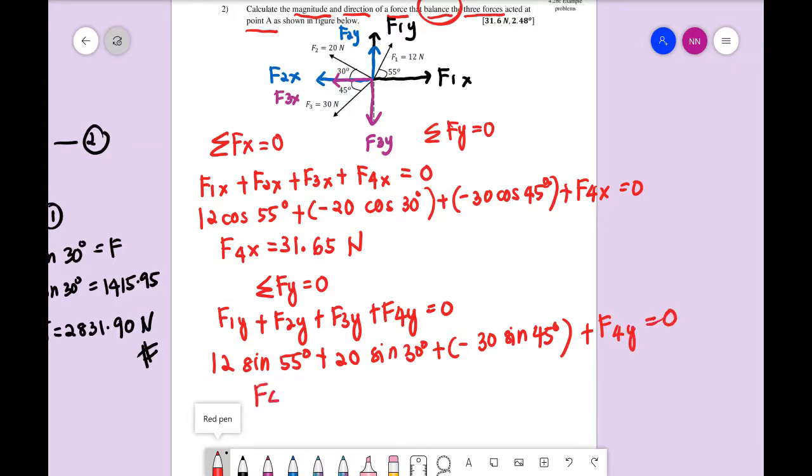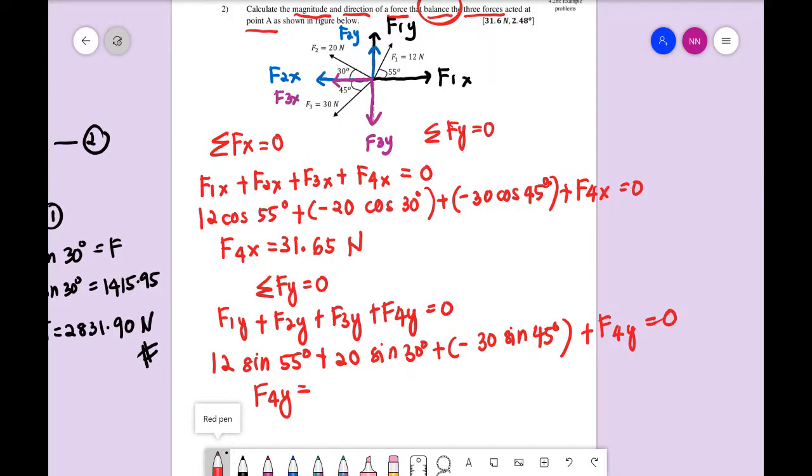Then we can calculate the value of F4y. It is 12 sine 55 plus 20 sine 30 degree minus 30 sine 45.